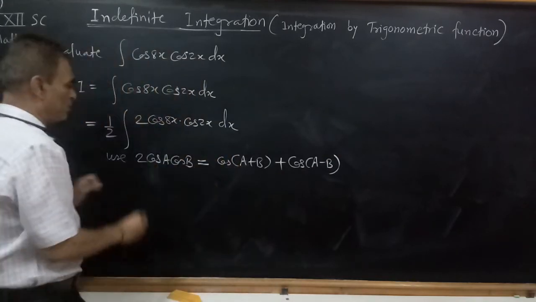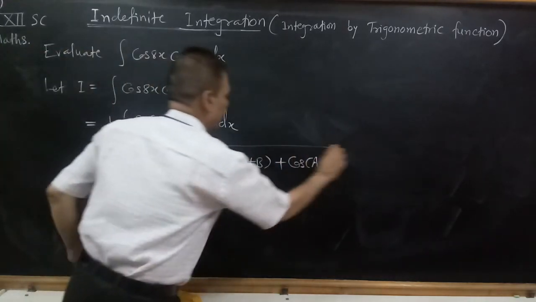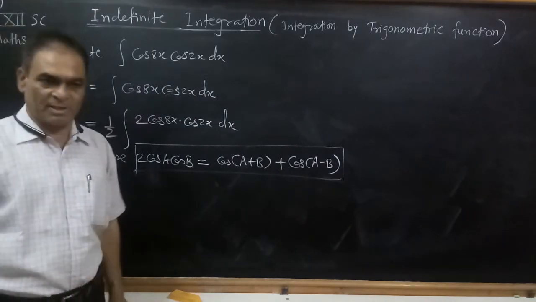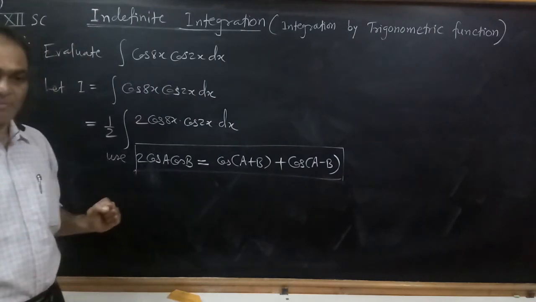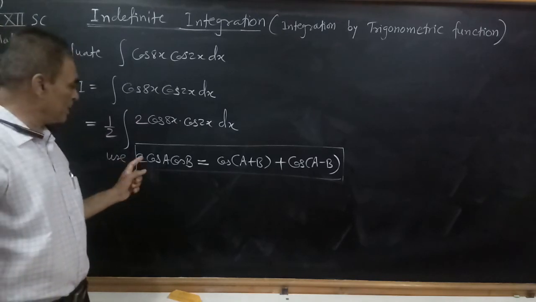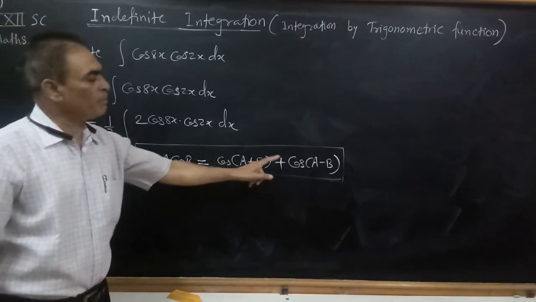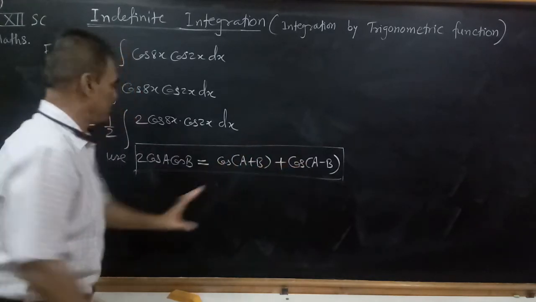Sum or difference formulas you have learned in 11th standard level. Remember all these formulas. Third formula for sum or difference: 2 cos a cos b is nothing but cos a plus b plus cos a minus b.